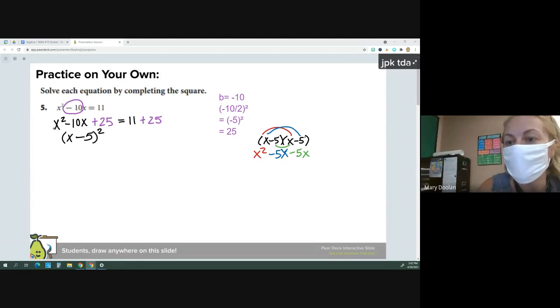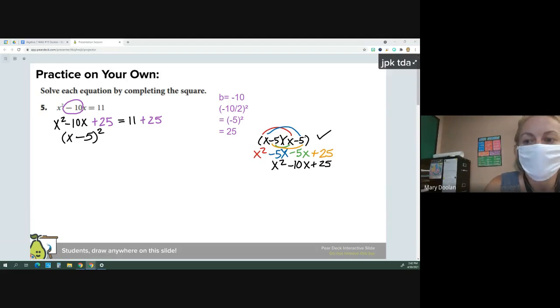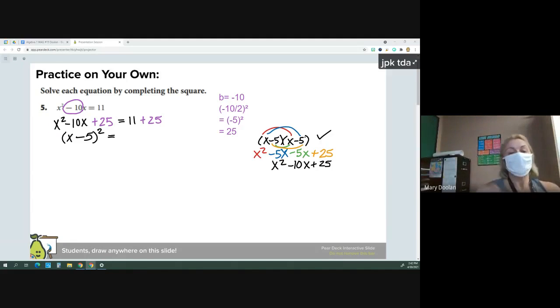And then the last terms give you positive 25. Okay, and you can see that this does simplify to what we want it to. This is just kind of like checking that it actually works. And then 11 plus 25 is going to be 36. This is where we're going to now take the square root of both sides.